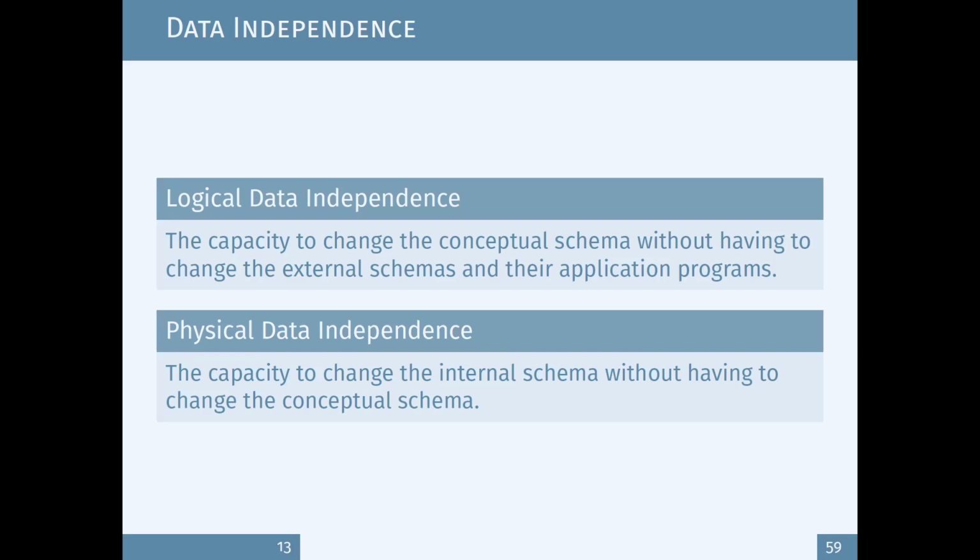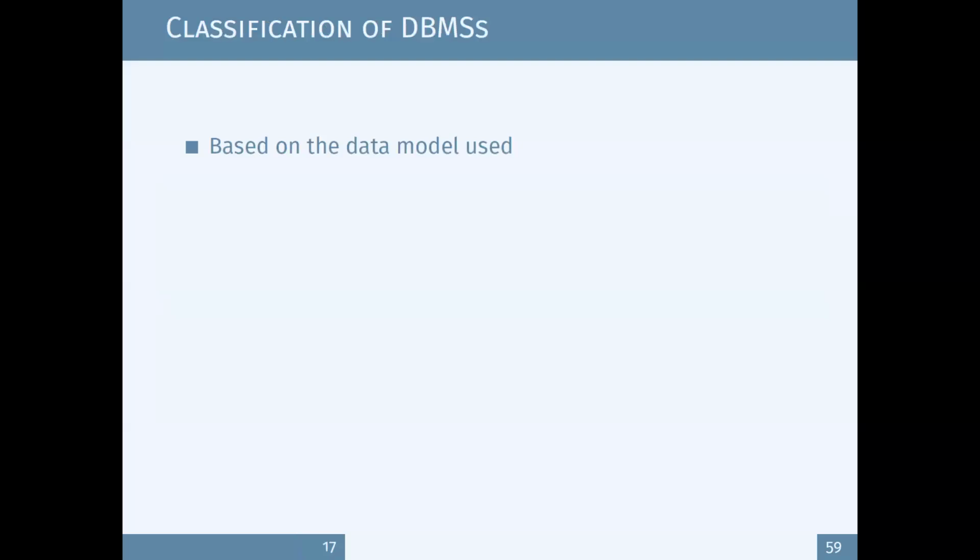Right. Now that we have some basic understanding about the data models, structures, and data independence, let's look at database classification. You will notice there are lots of different database management systems out there, and there are many ways that you can categorize them.